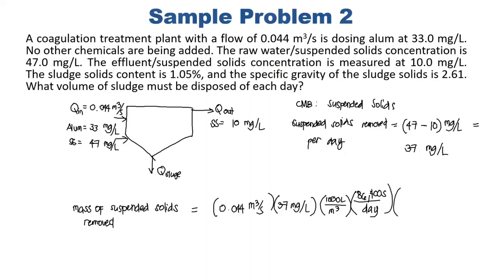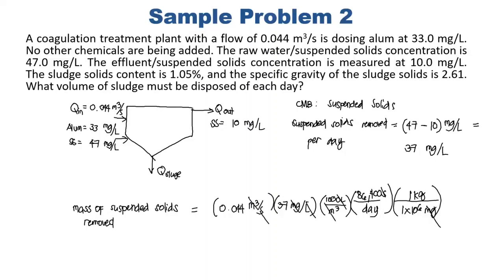And we need to convert milligrams into kilograms, so 1 times 10 raised to the 6th power milligrams is equal to 1 kilogram. So cancel milligrams, liters, cubic meters, then seconds.